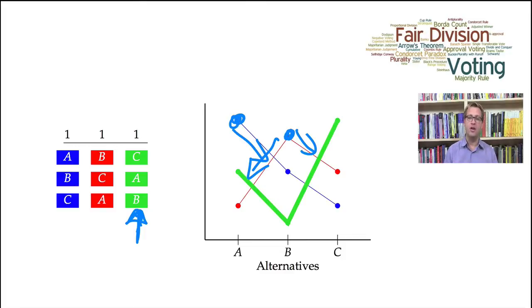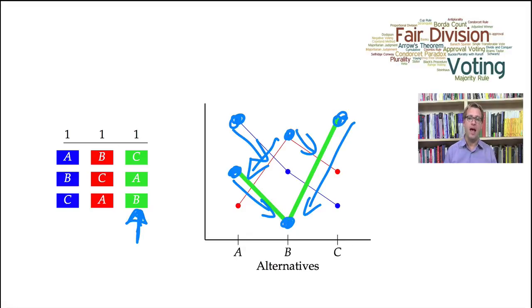The green voter doesn't have that property. He has two peaks at the two edges. The values at these two peaks go towards this minimum value, the value he assigns to candidate B. So there's something different about the shape of the green voter's preferences.